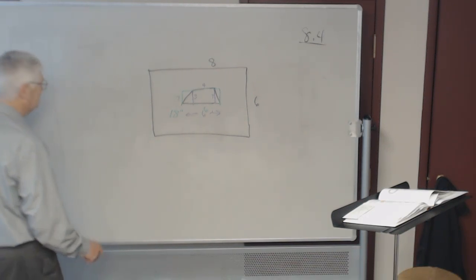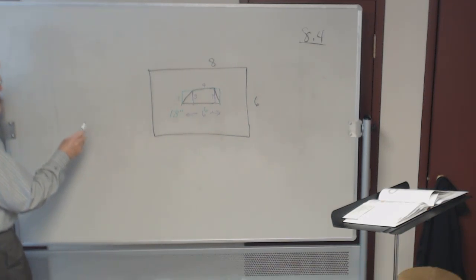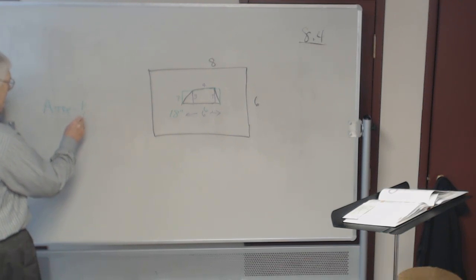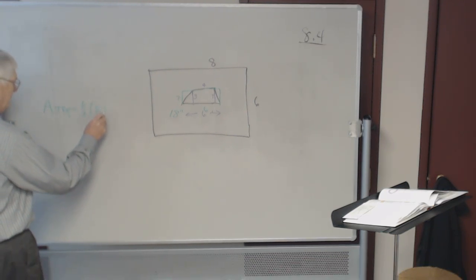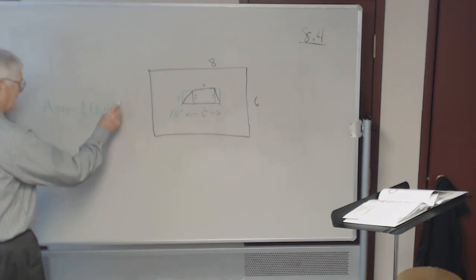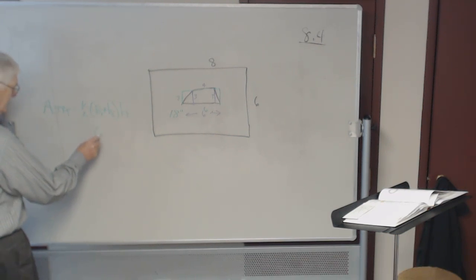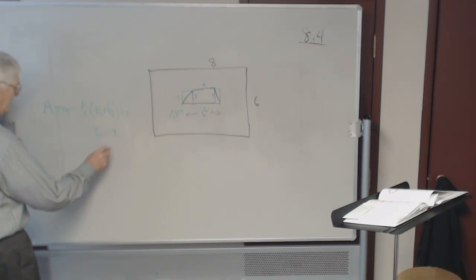Well, here's the formula. See if it makes sense to you. The area of a trapezoid is 1/2 times base 1 plus base 2 times the height. Base 1 is 6, base 2 is 4. Add those two together.